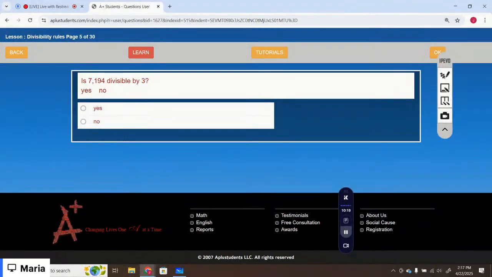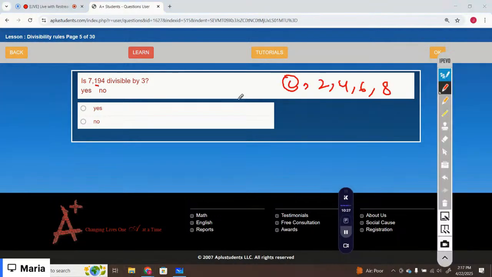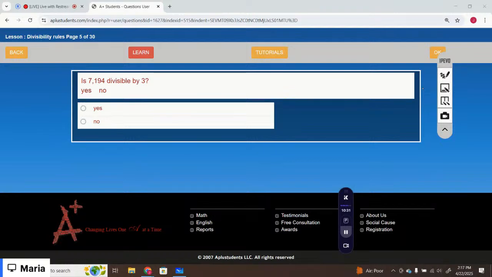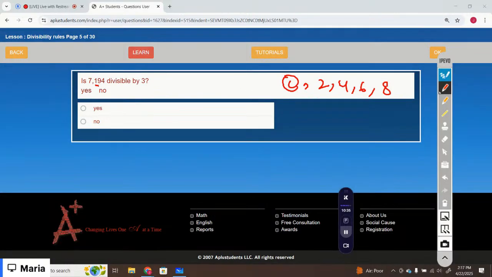Is 7,194 divisible by 3? Let's see, because we know the divisibility rule for 3 is that the sum of the digits must be divisible by 3. So let's calculate the sum of the digits. 7 plus 1 plus 9 plus 4. 10 and 7, 17, 18, 19, 20, 21.